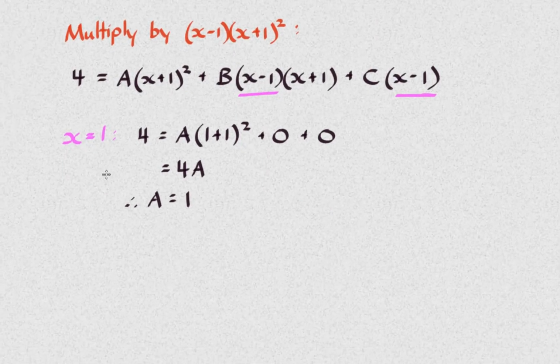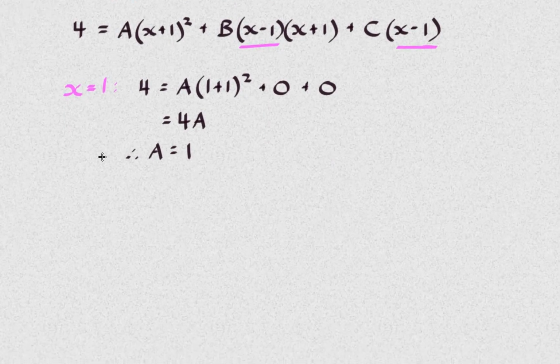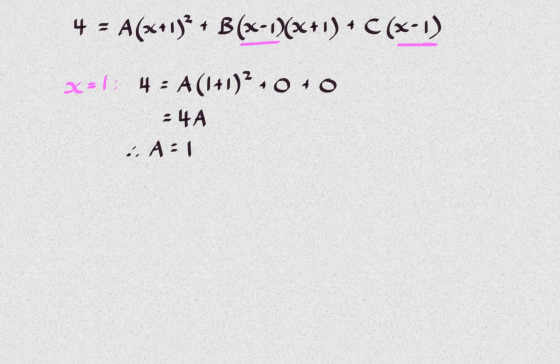What do you notice? Well, hopefully we can see that both the a and the b have an x plus 1 in them. Right, so x plus 1 and x plus 1. So let's set x equal to -1 this time. And so what will that mean?